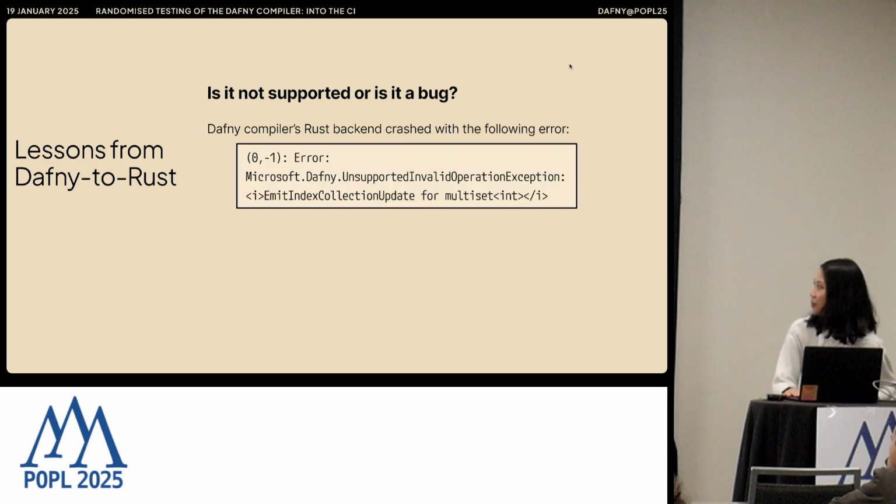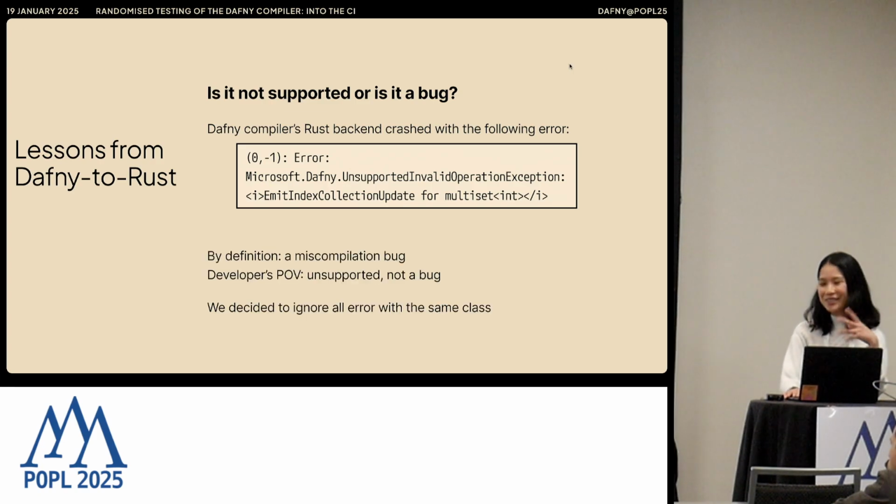So for example, we have this error from when the Dafny compiler's Rust backend crashed. And as a human, you can kind of read and see that it's about an unsupported invalid operation. But the tool didn't know. So we reported it, it turns out it's not a bug, and we decided to ignore all of the errors of the same class. So that was kind of easy.